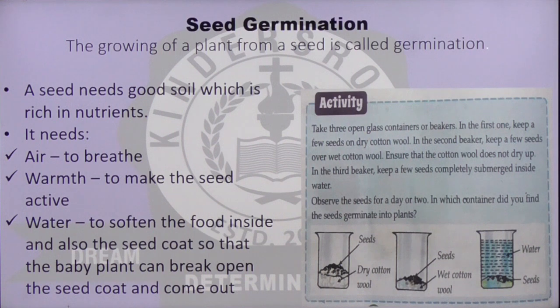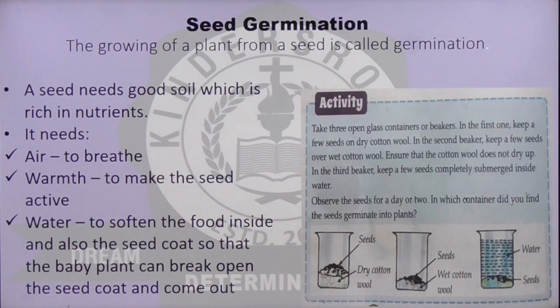In the second beaker, keep a few seeds over wet cotton wool. Ensure that the cotton wool does not dry up. That means you have to keep that cotton wool wet by putting drops of water into it occasionally. In the third beaker, keep a few seeds completely submerged inside the water.